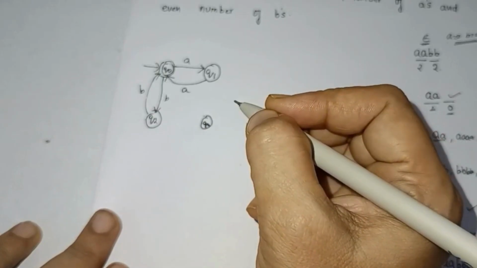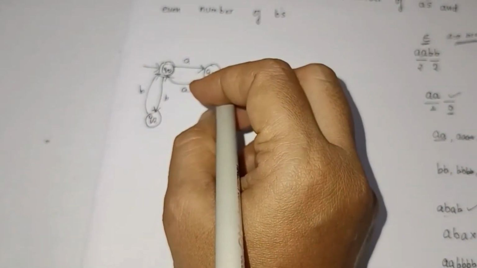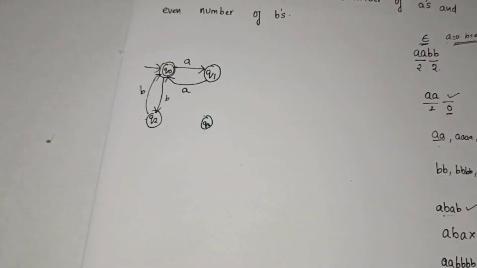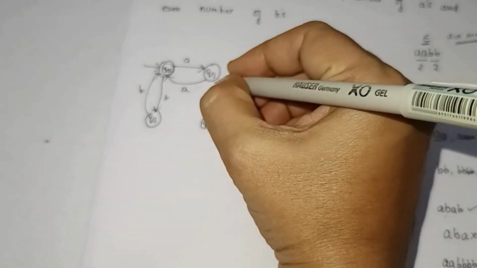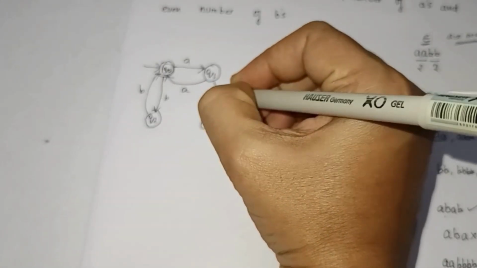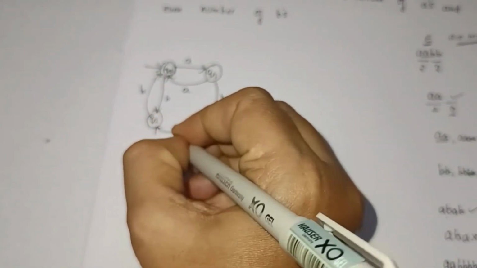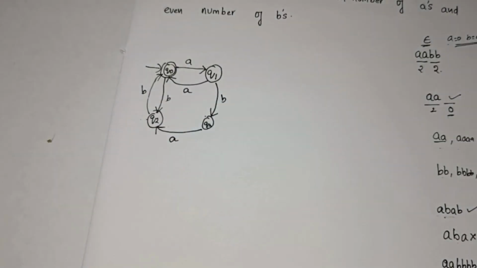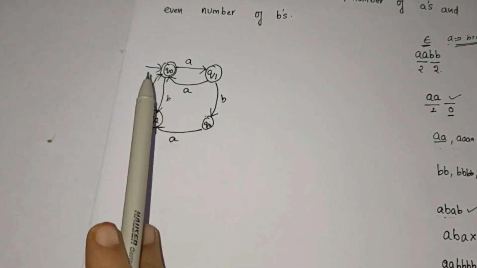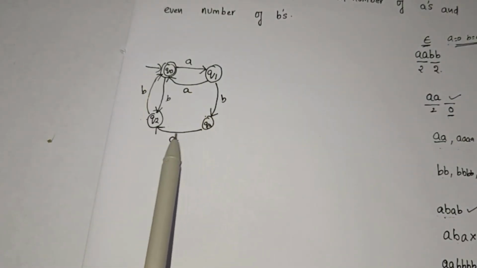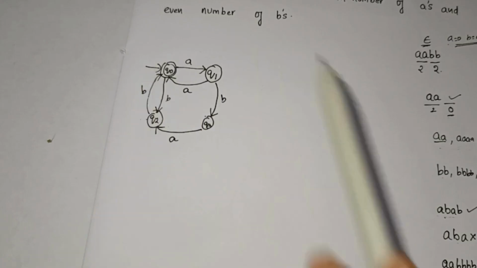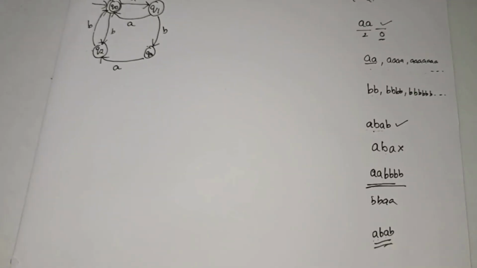Okay. From the A transition, we should make a state transition to B. A, B. This is accepted now. See here. A, B is accepted.